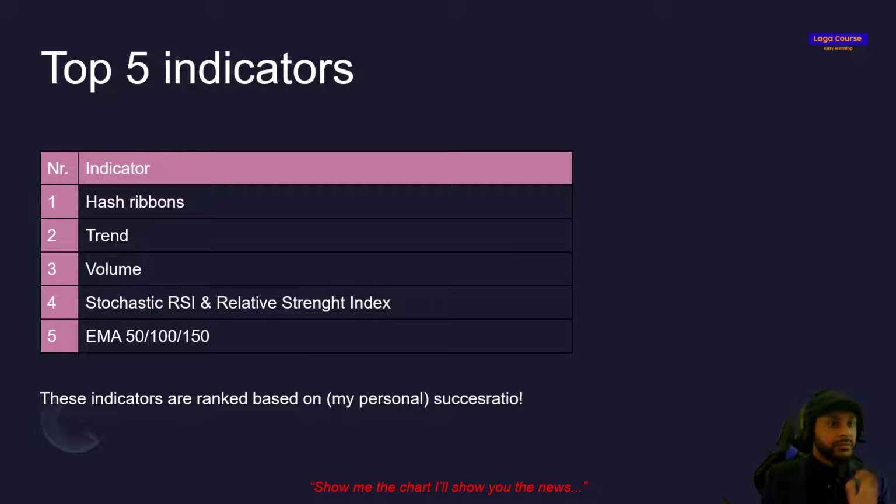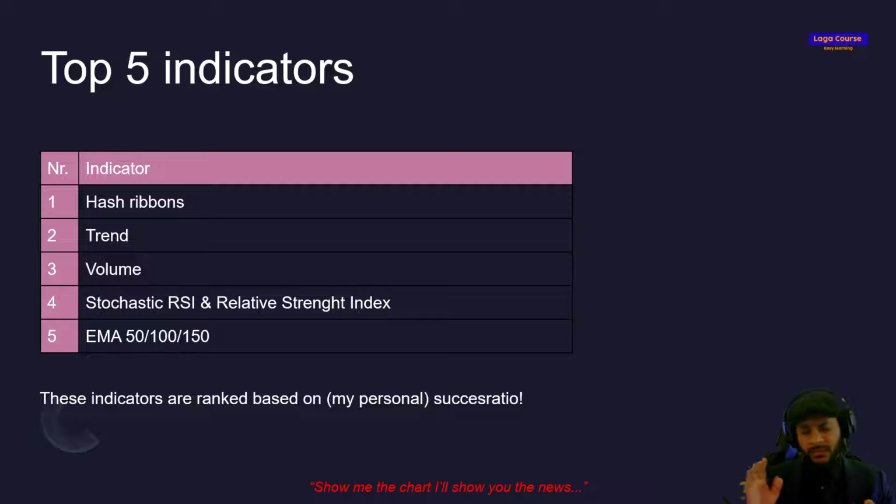All right, let's go. The top 5 indicators we are going to discuss are, first, the hash ribbons; second, the trend; third, the volume; fourth, the stochastic RSI and the relative strength index; and fifth, the exponential moving averages of 50, 100, and 150. You also have SMA, simple moving averages.